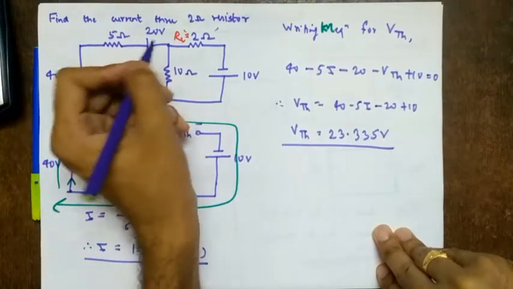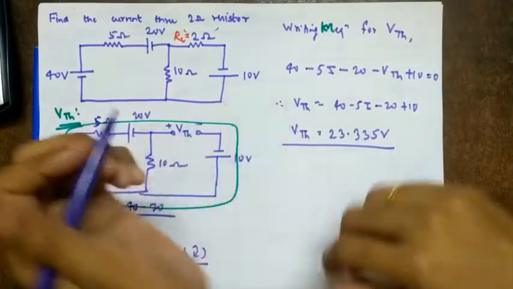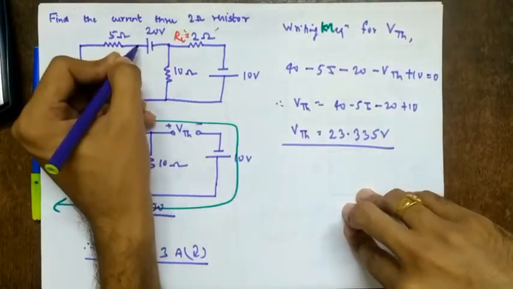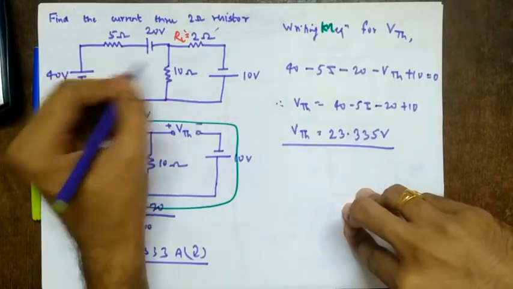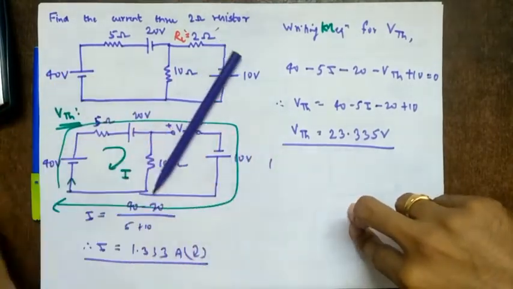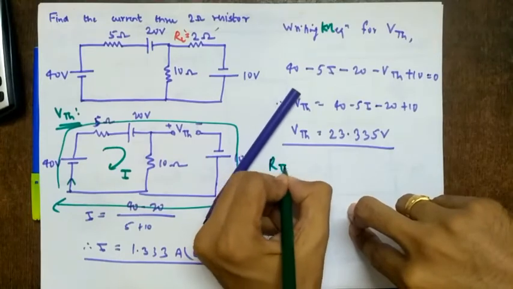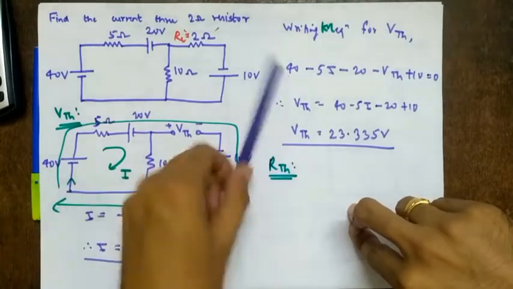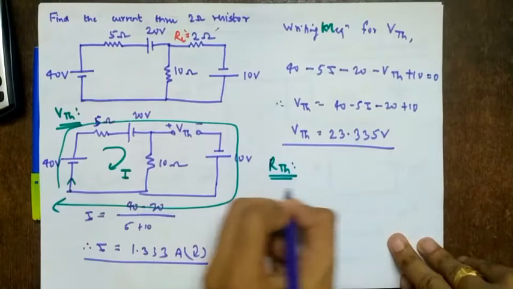Right. Next, what we have to do? Find RTH. So what do we do for RTH? We replace all the voltage and current sources by short and open circuit respectively. So again we remove the load and replace it with short circuit then.